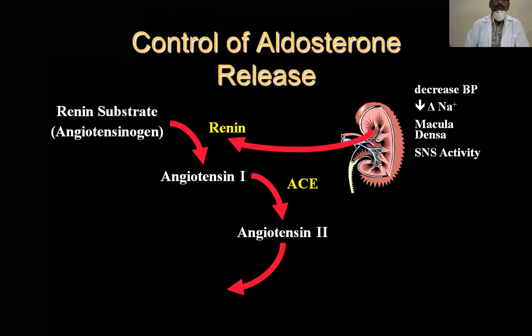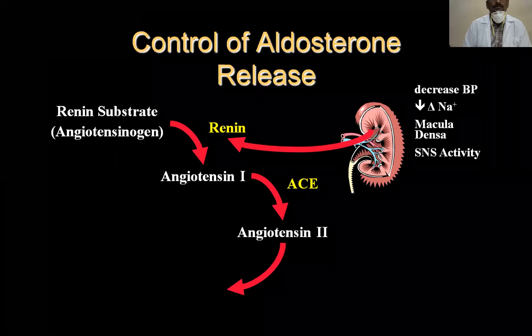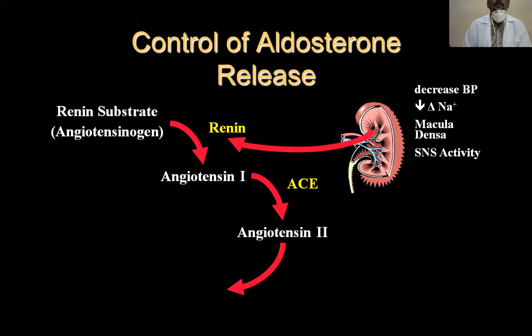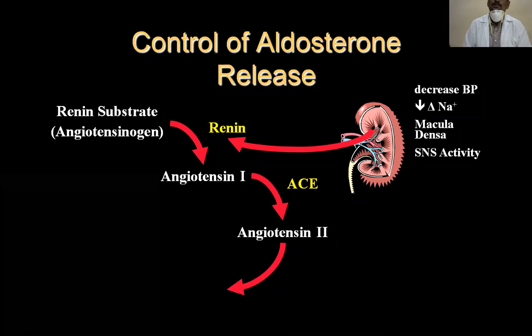Now, the control of aldosterone release: what are the various factors or stimulants which can cause the release of aldosterone? First and foremost is the RAS system, the renin, angiotensin, aldosterone system. It is stimulated whenever there is a fall in BP.